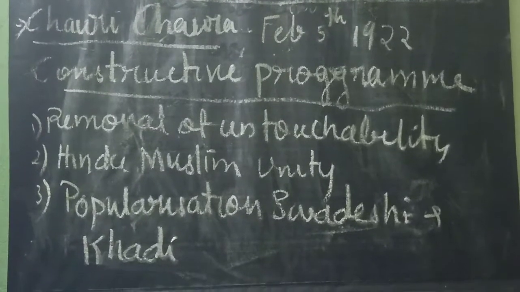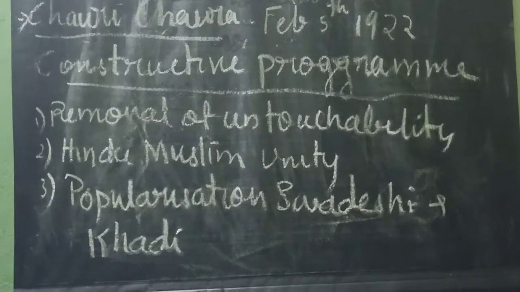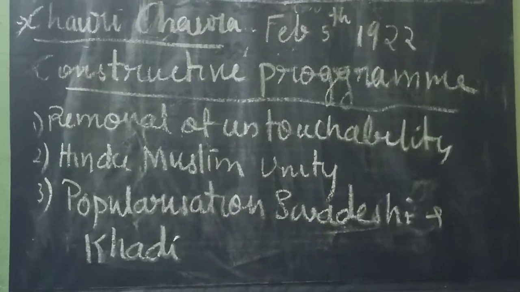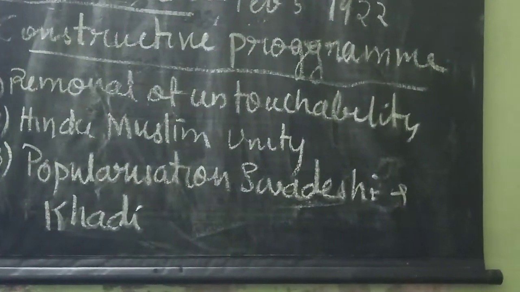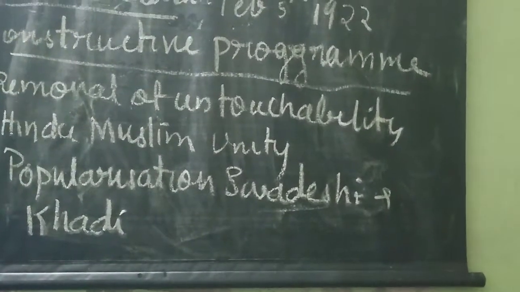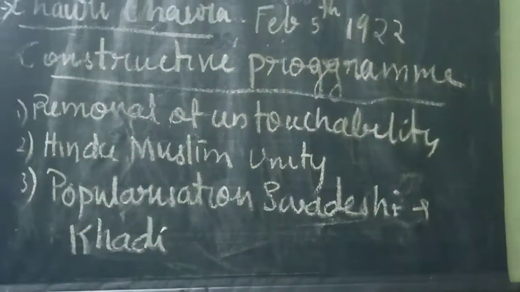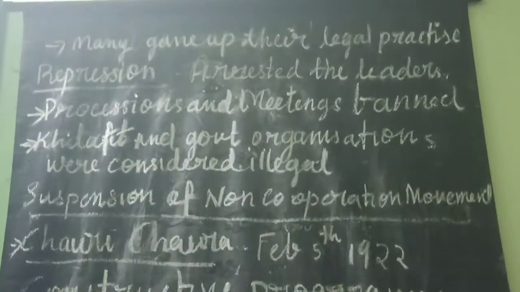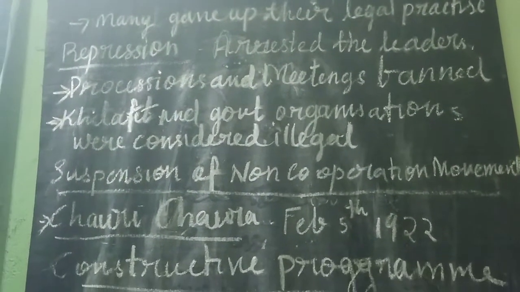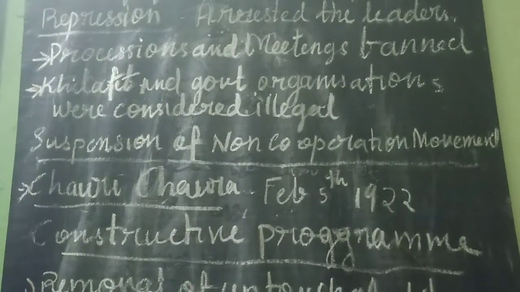It shocked Gandhiji. This incident completely shocked Gandhiji and his followers, and because of this he withdrew the non-cooperation movement on February 12, 1922. So why did Gandhiji withdraw it? Mainly because of the Chauri Chaura incident.